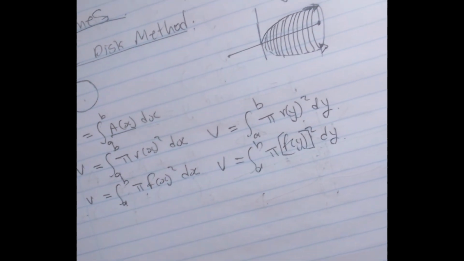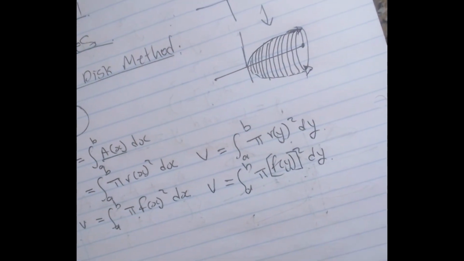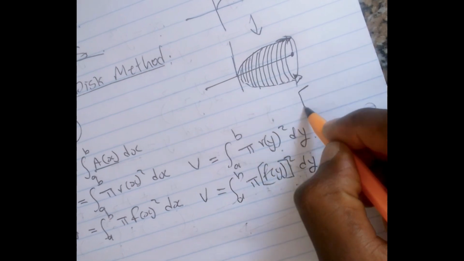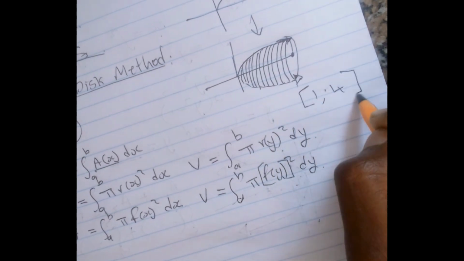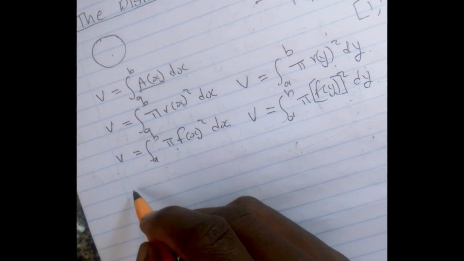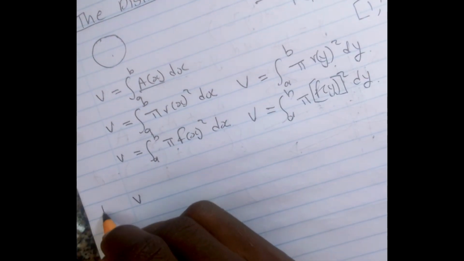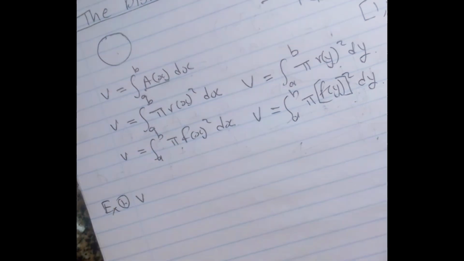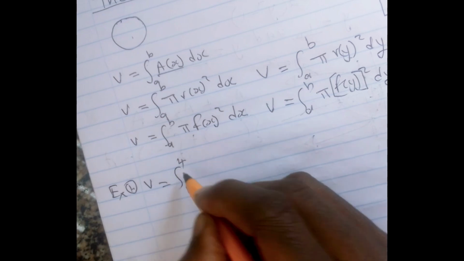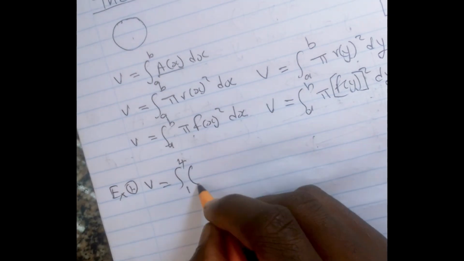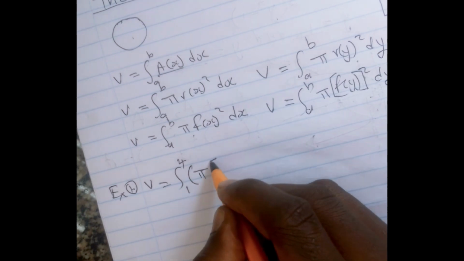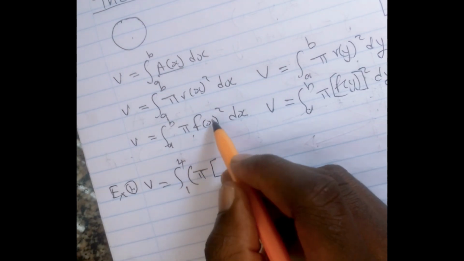Let's just use this as our example. Let's say we've got the interval from 1 all the way to 4. This is going to be example number 1. The volume is going to be the integral from 1 all the way to 4 of pi multiplied by the function, the curve.